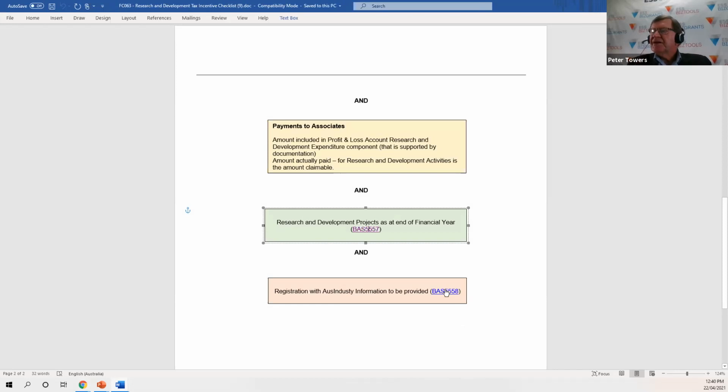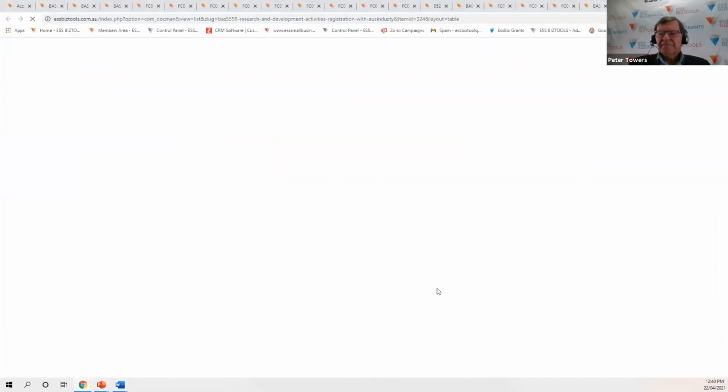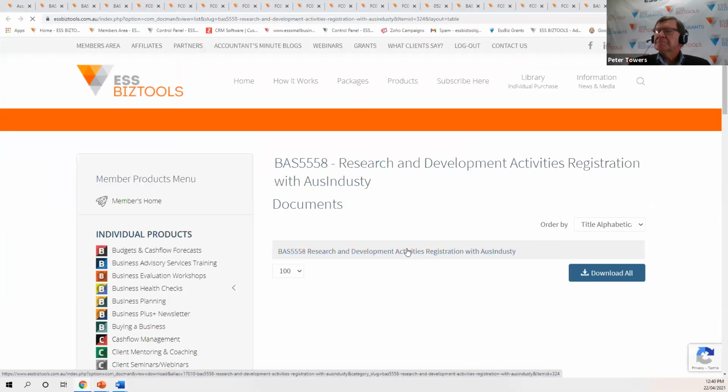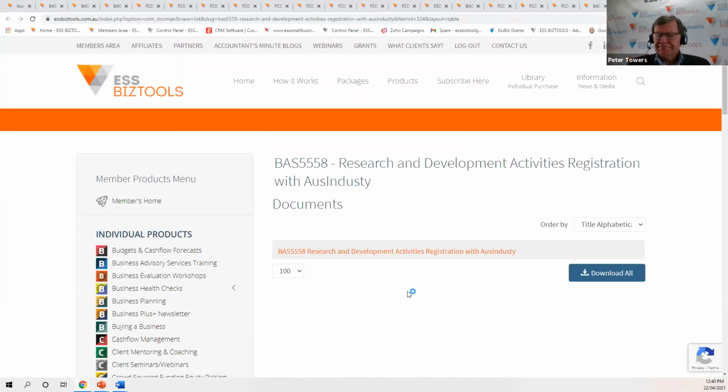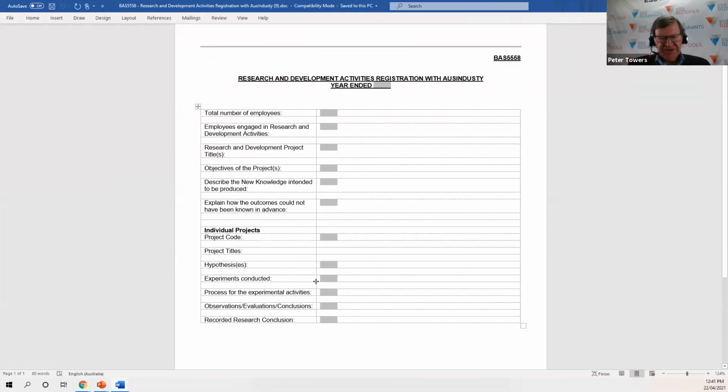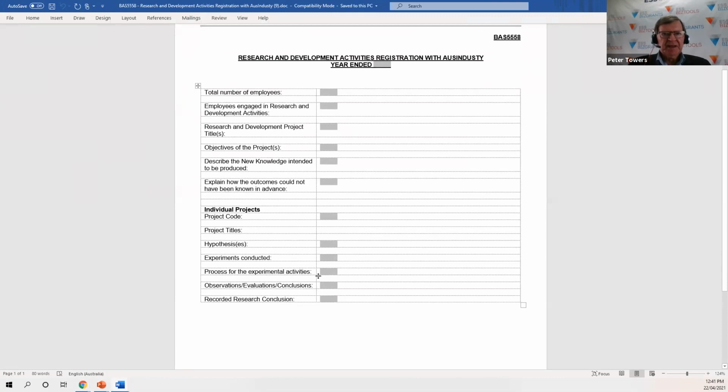And we also have the information that has to be disclosed in the research and development registration with AusIndustry. Now, this can be a document that's some pages thick. Some companies use 3 or 4 A4 pages for each R&D project.